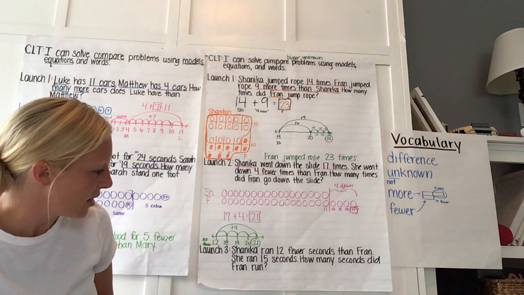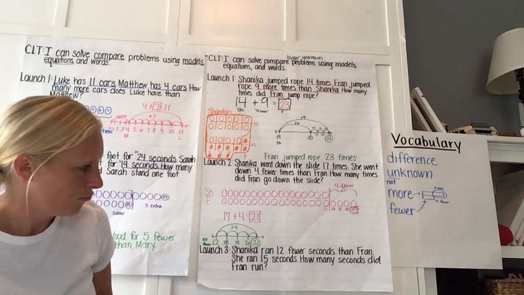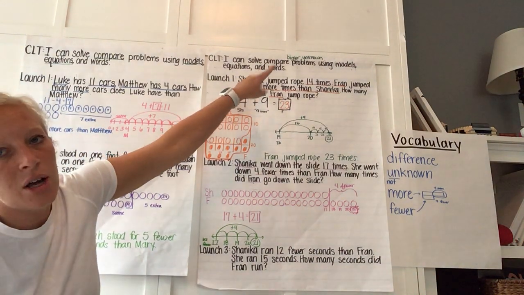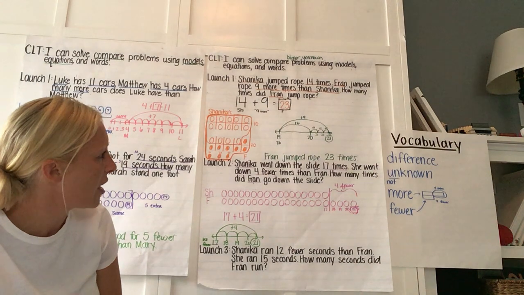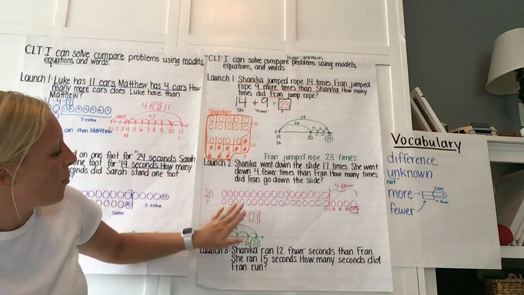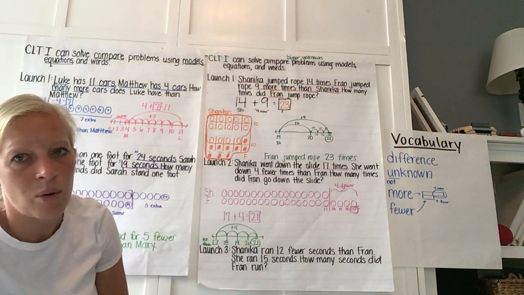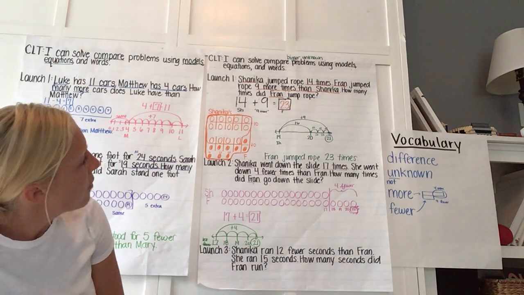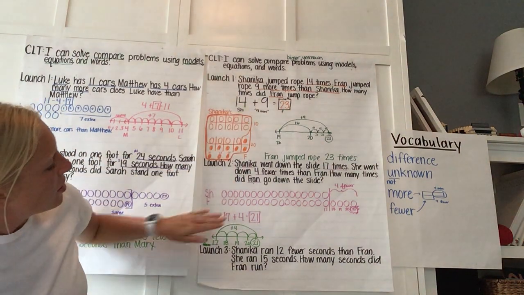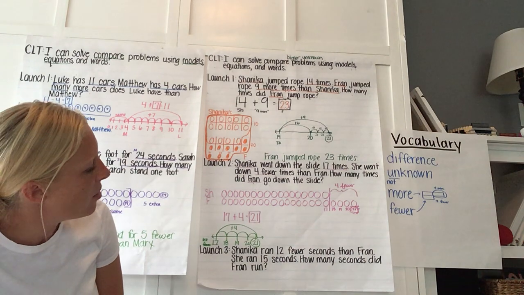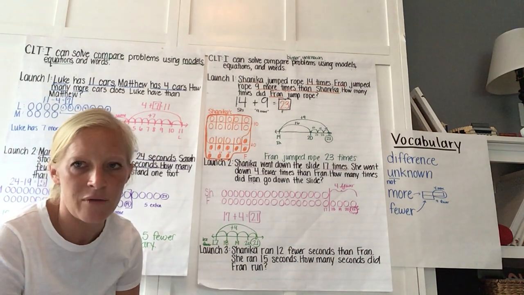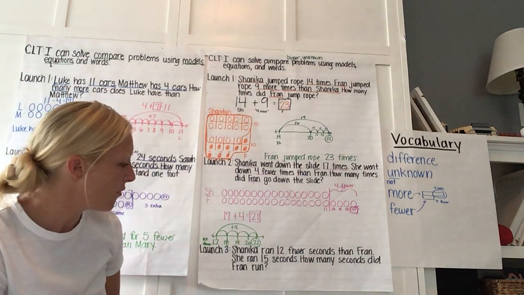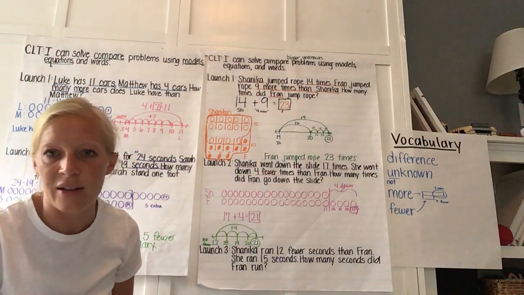How many seconds did Fran run? There's that bigger unknown, so how will we go about solving it? I'll remind you to go back and think how we used, or what numbers we used that we knew from the story to help us solve those problems, and how you can use that to help you solve this one. Solve away, friends. I can't wait to come back and dive into this a little bit deeper.